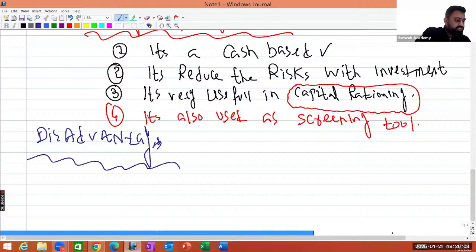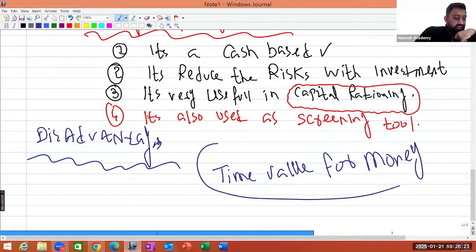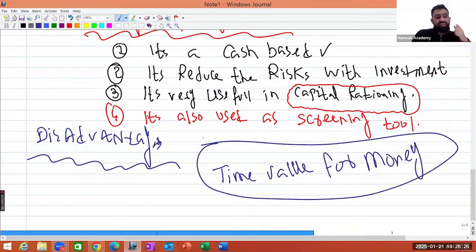And what are the disadvantages? The first disadvantage is about time value for money. The payback period does not consider the time value for money, does not account for cash flows as per their present value.